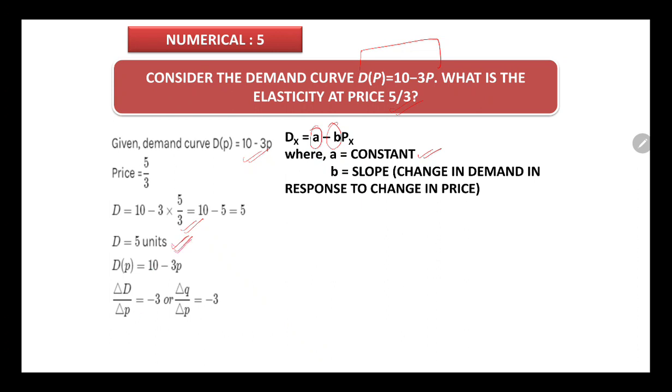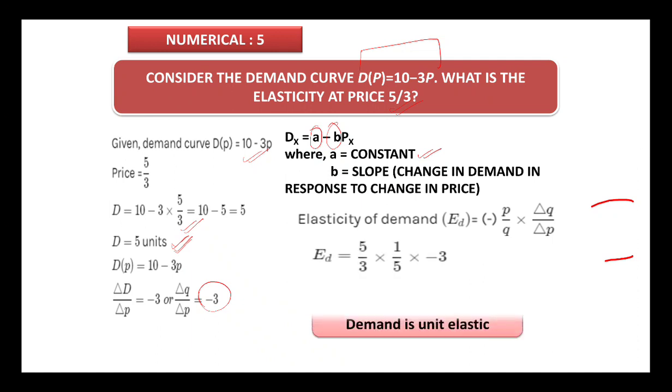And that is how we got to know the demand over here, right? They asked you about the elasticity, but before we get the elasticity, we need to know the slope, and the slope is this B part. So what will be the slope over here? If we have 10 minus 3p, so minus 3 will be the slope of the equation, right? And what did we do then? We just simply put it in the formula, minus p by q. P we already know is 5 by 3, and we have already calculated the q part.